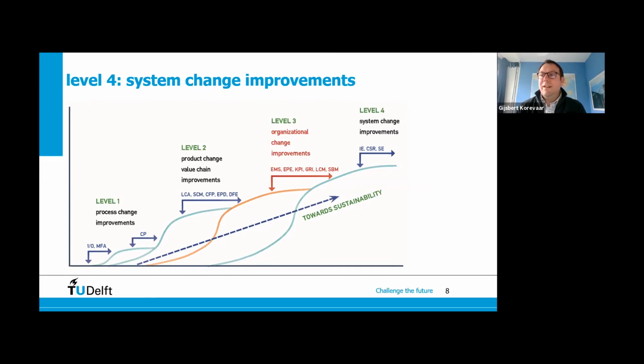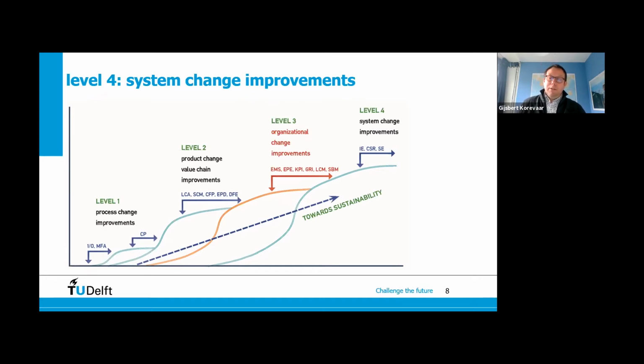Or that you can improve the energy efficiency, so that you can reduce, for example, the fuel consumption. Most of the companies do that also for economic reasons. So that means that level 1, and you see there the abbreviation CP, stands for cleaner production. That cleaner production and process change is quite obvious for most of the industry.